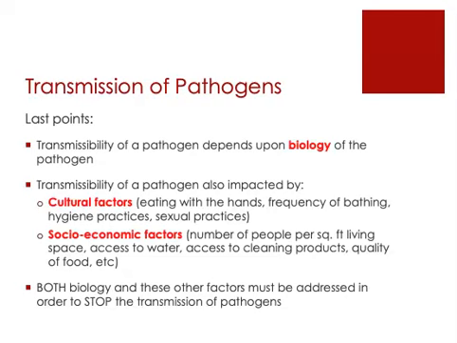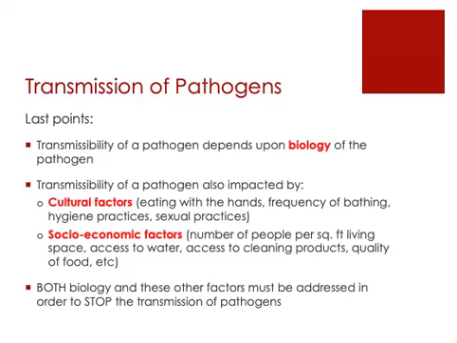And we don't talk about these things in a course like this, but these are things that have to be considered by the people who deal with public health issues. Cultural factors are an important thing to consider. For example, in certain cultures, it's not normal to use silverware to eat.